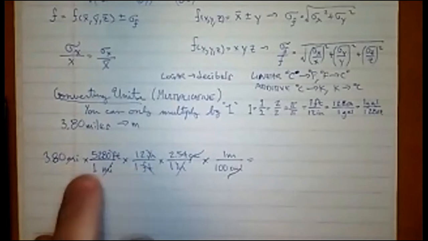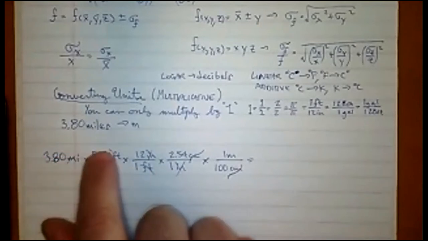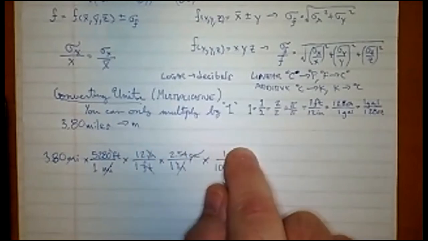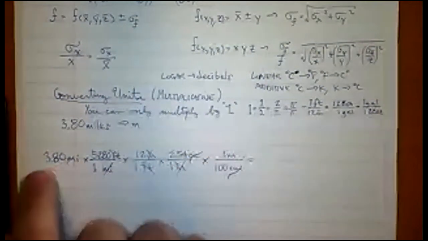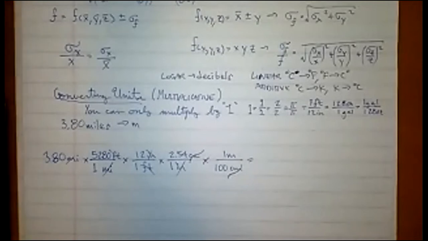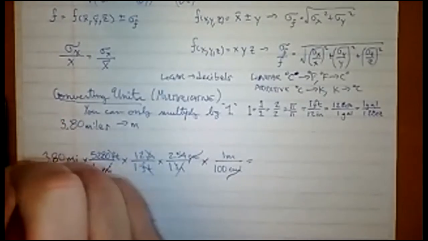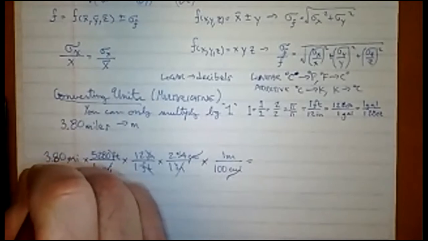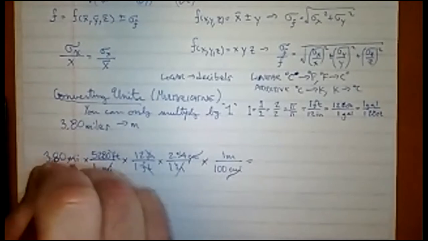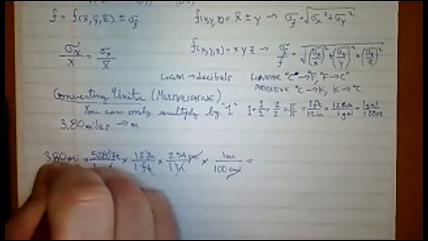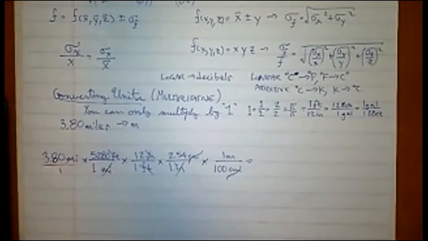Now, the way you can do this that always works and keeps you from making a mistake is you can multiply all the numerators and get a numerator, then multiply all the denominators. Okay, so there's the denominator, and then I'll make a new numerator over here.